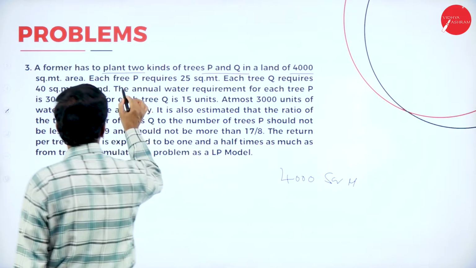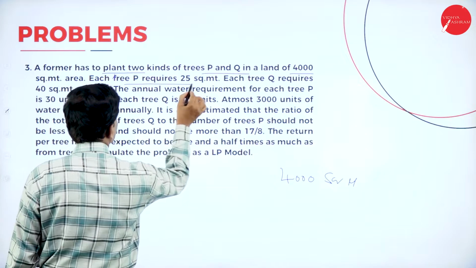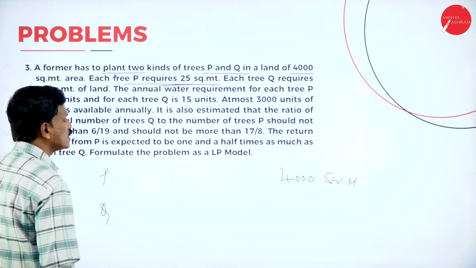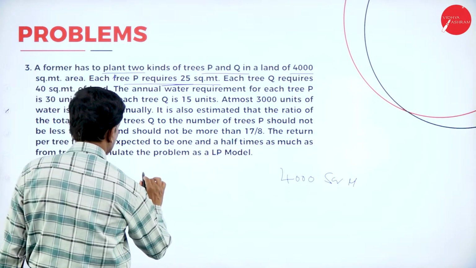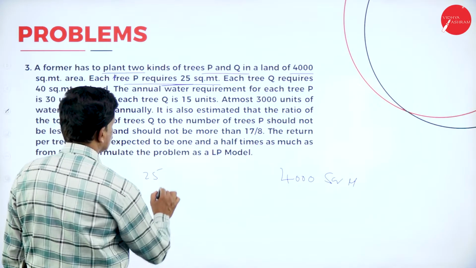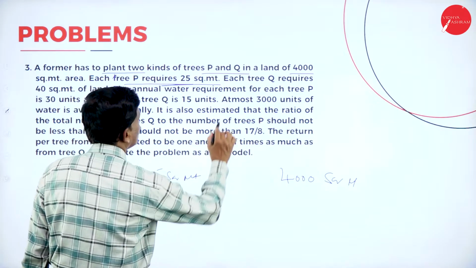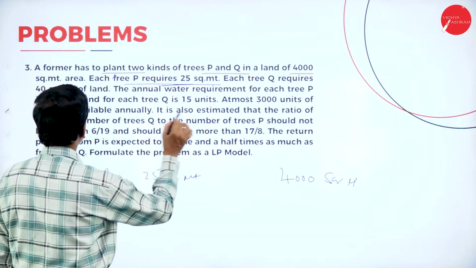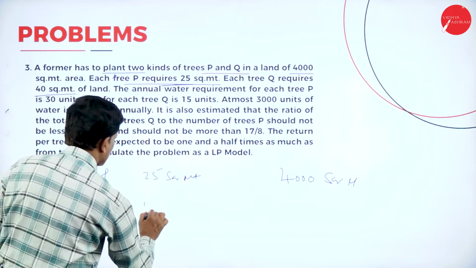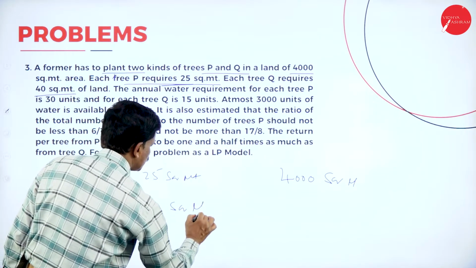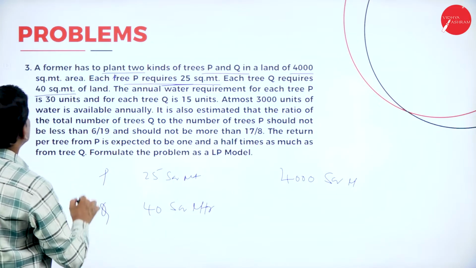Each tree of P requires 25 square meters, and each tree of Q requires 40 square meters of land.